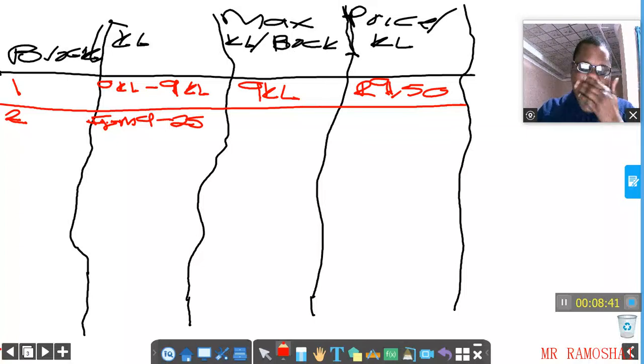So here what are you going to do guys? You are going to count from 10. Okay guys, you are going to use your fingers to count from 10 up until 25. So it will tell you the maximum kiloliters for block number 2.